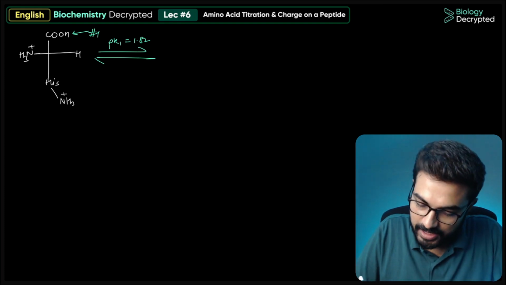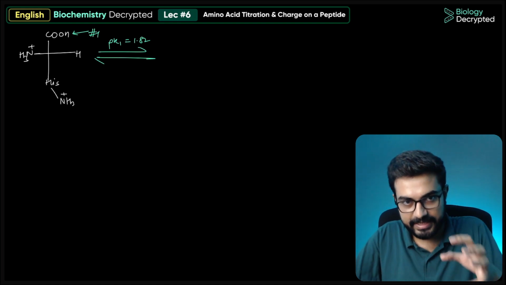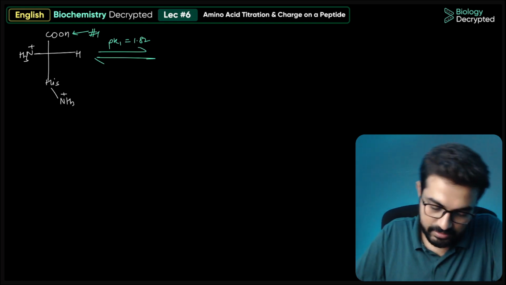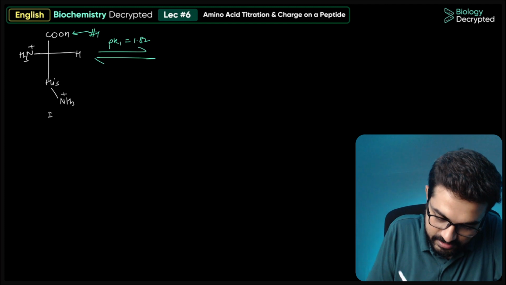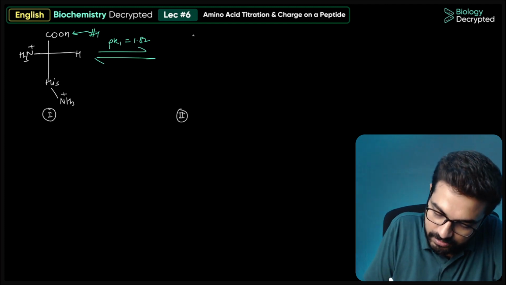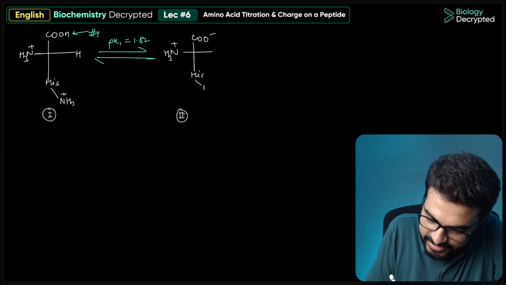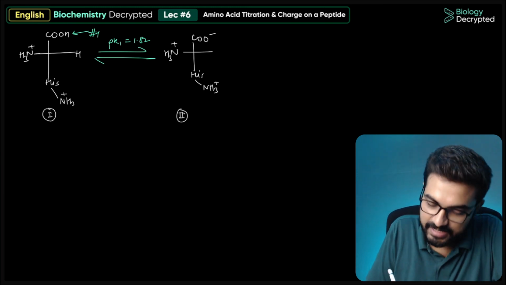At this pH, the COOH will get ionized, and we get species number 2: COO minus, NH3 plus, and the side chain of histidine with NH plus.